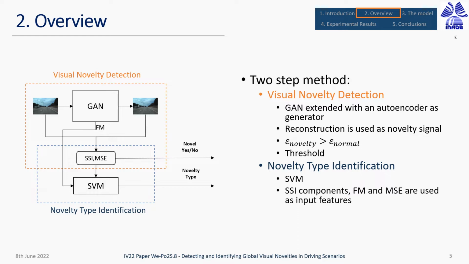So a threshold is defined in order to detect the visual novelty instance. On the other hand, if a novel instance is detected, the type of novelty is obtained with a support vector machine using the structural similarity index components, the mean square error, and a middle layer of the generator network.